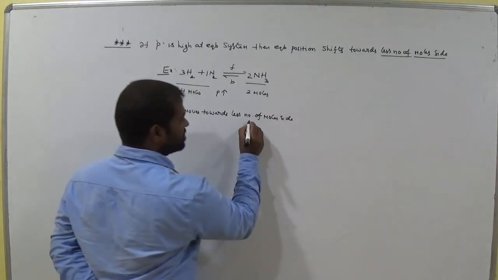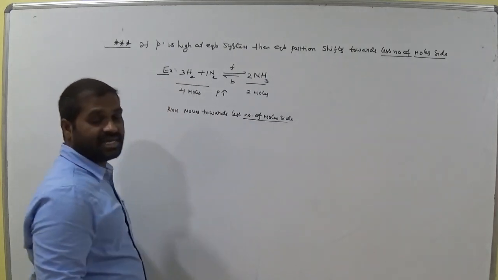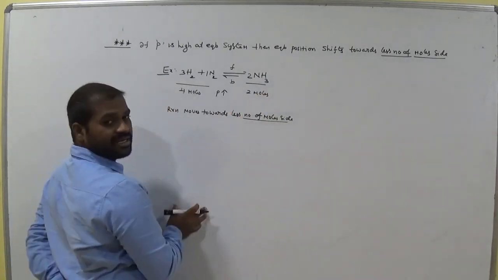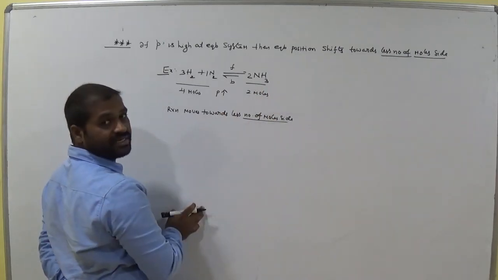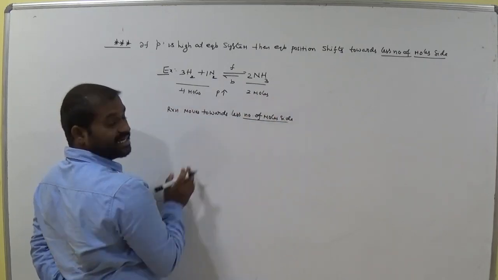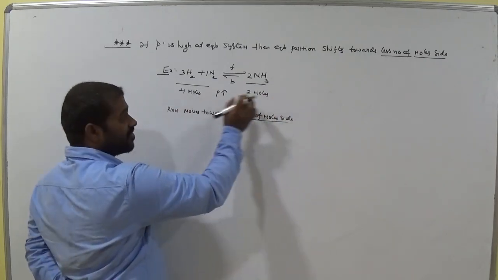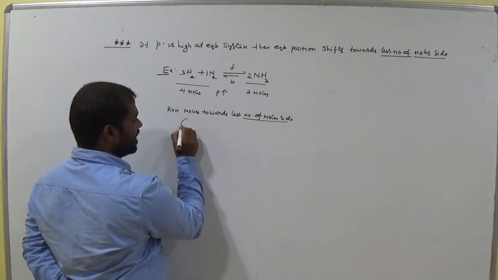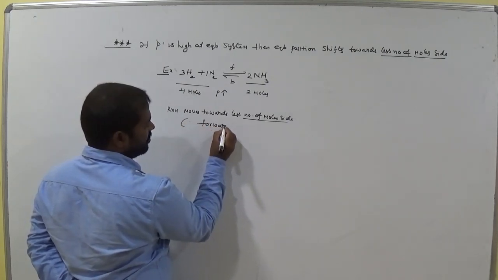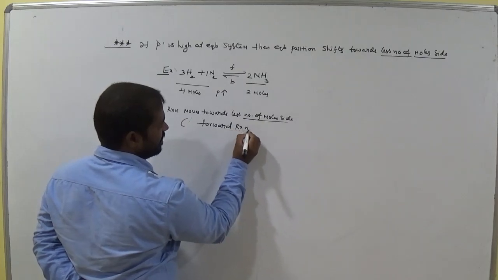In which side do we have the less number of moles in the given equation? So in this direction. Here are the less number of moles. That means what is the direction of the reaction here? Forward reaction. Am I right? Therefore, the forward reaction takes place.